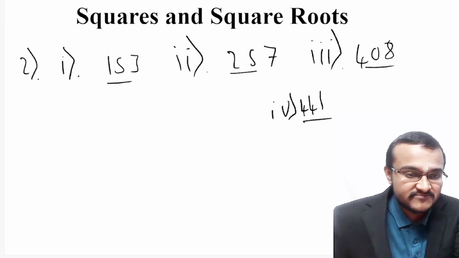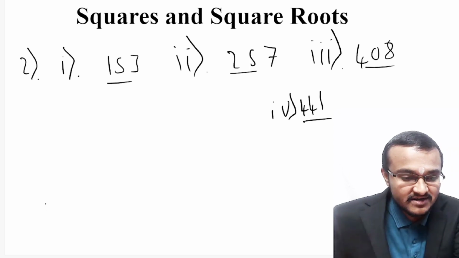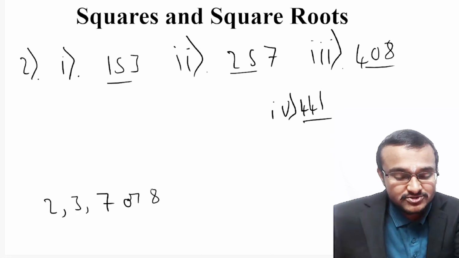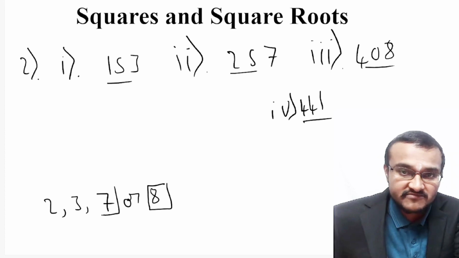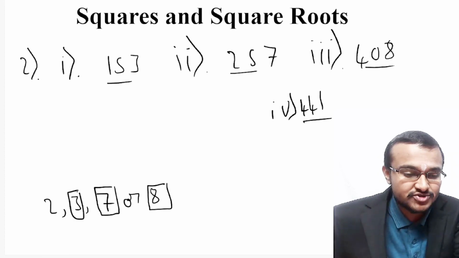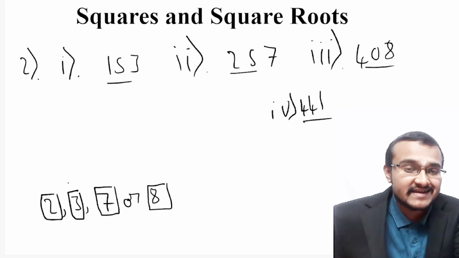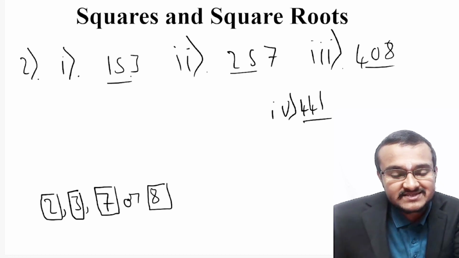So if you refer to my previous video, I have mentioned no perfect square will end with 2, 3, 7 or 8. So most of the time, a perfect square will not be ending with 2, 3, 7 and 8. So here you can easily see this number is ending with 3, this number is ending with 7, and this number is ending with 8.